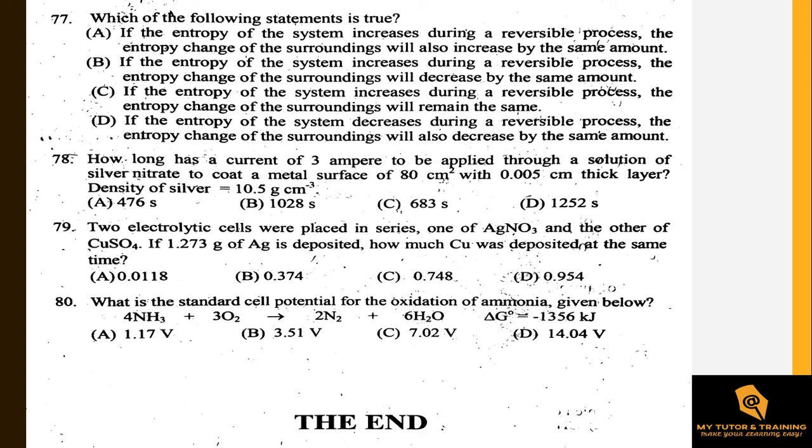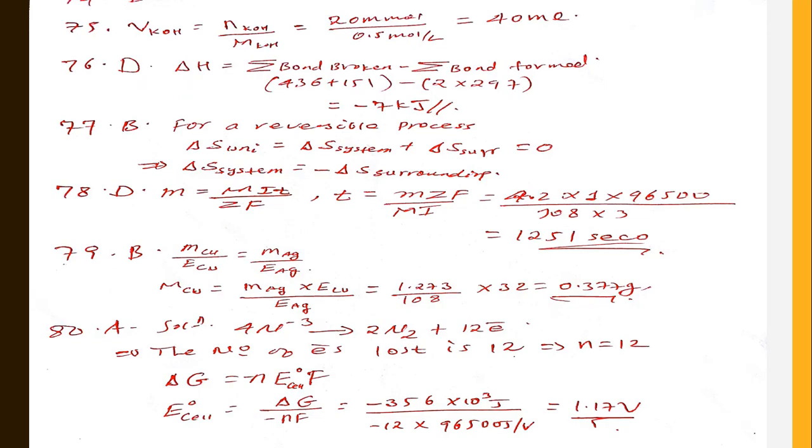Here we have the formula for question number 78: mass is equals to molar mass times I times T over ZF. But T is equals to M Z F over capital M times I. So what is M? 4.2. What is Z?